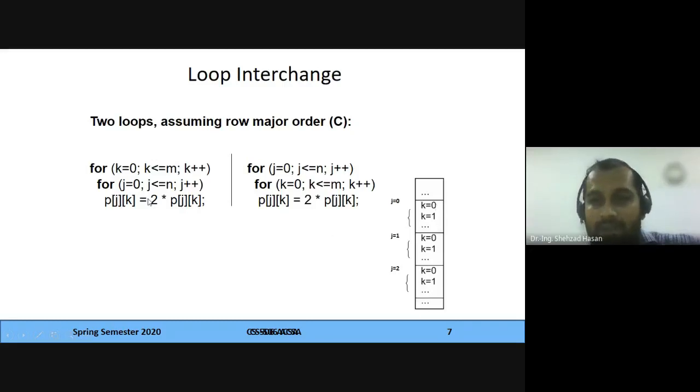So if we don't have a cache with us, which of these two implementations would be better? Anyone? Come on, I need an answer. You can write it in the chat as well.